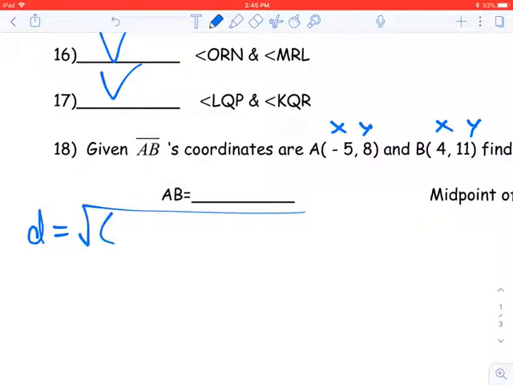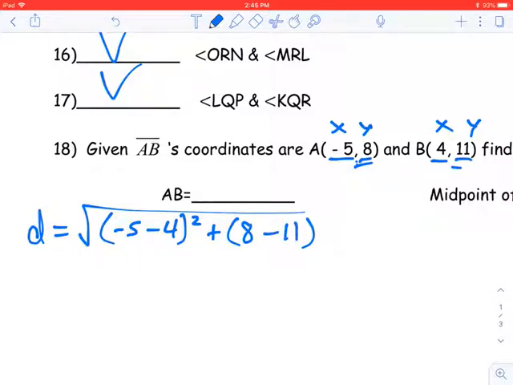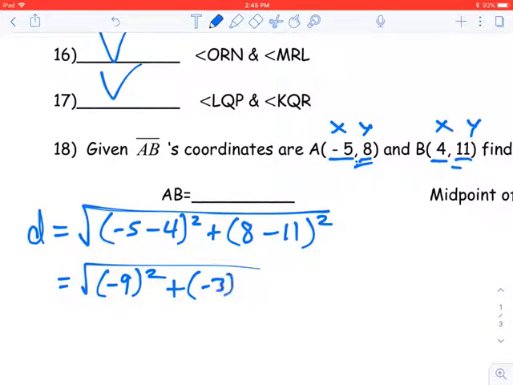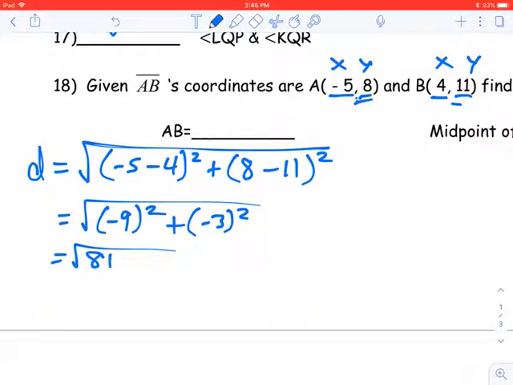So I'm going to go negative 5 minus 4 squared, plus the difference of the y, so 8 minus 11 squared. And so we got negative 5 minus 4 is negative 9 squared, plus 8 minus 3 is negative 3 squared. Remember, when you square something, they become positive automatically. So that's positive 81 plus 9. And so the square root of 90 is our length.